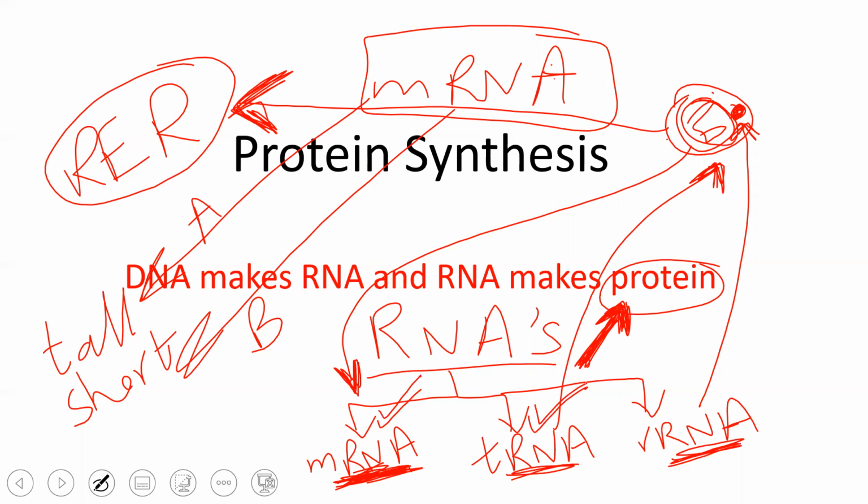Now, both of you will have the same tRNA, same amino acids, because you eat the same food, you live in the same place. Same amino acids are being carried in every part of your cell, so how are they responding differently?